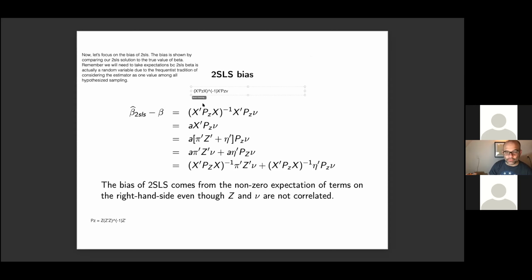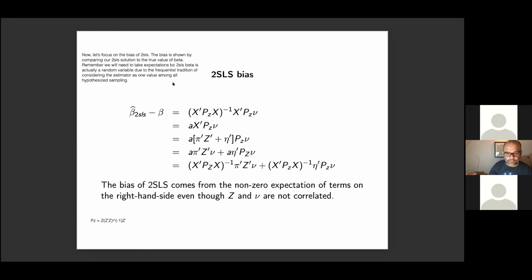I'm just going to change some of these words around. Instead of this here, I'm just going to call it A. And now I'm going to put in the definition, X equals Z pi plus eta. So this is going to become A Z pi plus eta PZV.